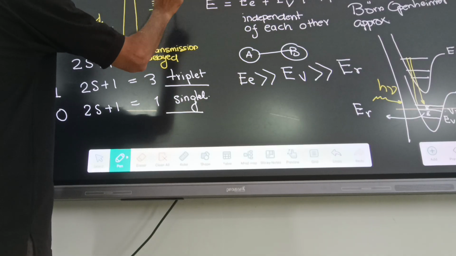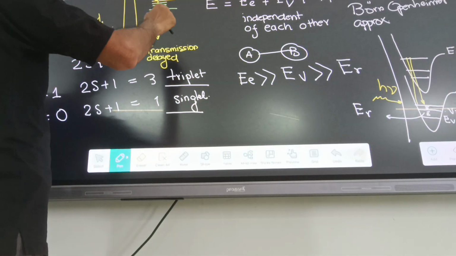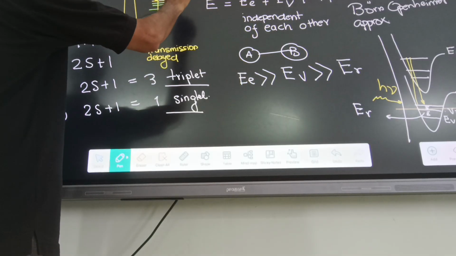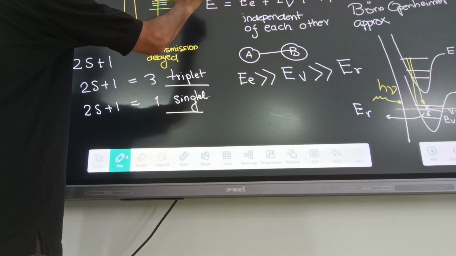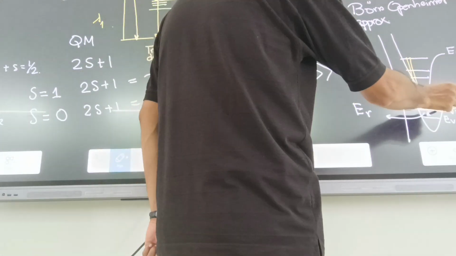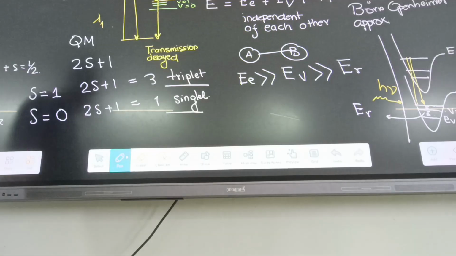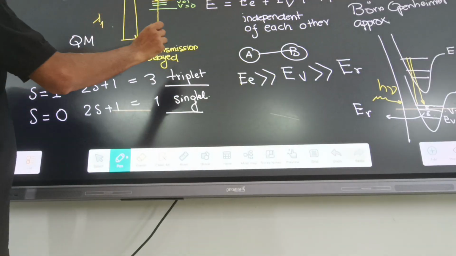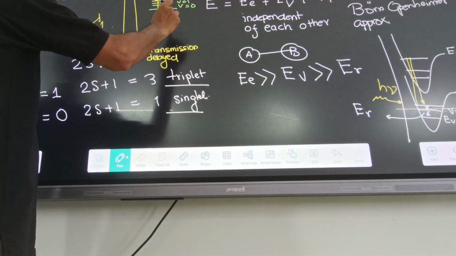After some vibration states में, it comes back below the vibration states. V is equal to 0, V is equal to 1. ये जो states यहाँ पे mention किया है, वही states में it comes back. So there is a delayed transmission, and this is called phosphorescence.